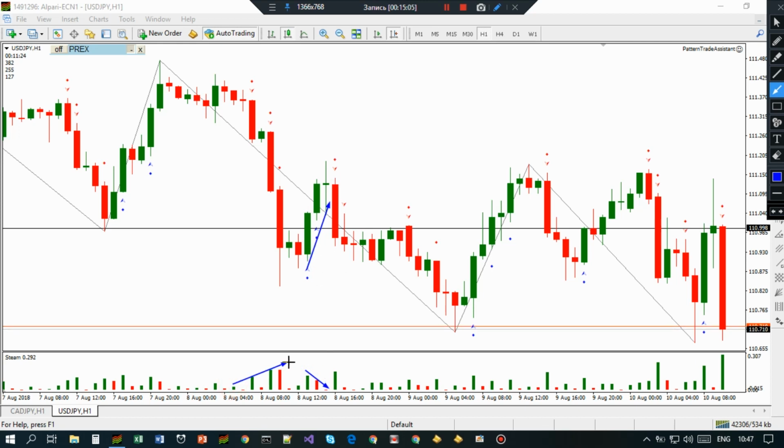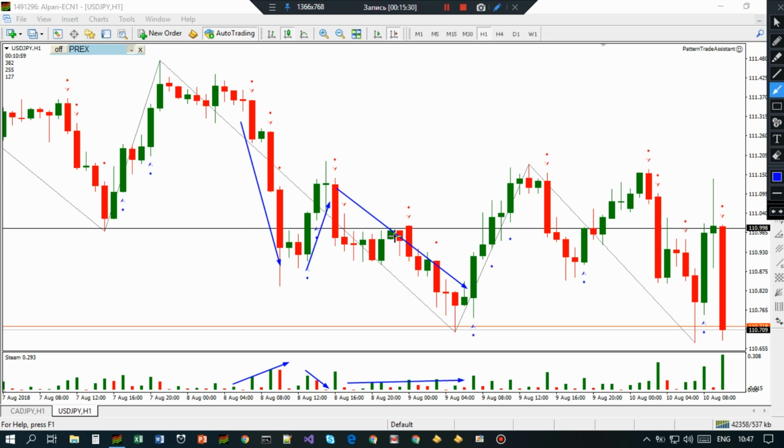So the movement to the downside was rising momentum, and movement to the upside was fading. That's why it is only a correction. You see that? Well, on individual candles it can slightly mismatch that, but you should look at the picture as a whole. After that we have drifting price action.